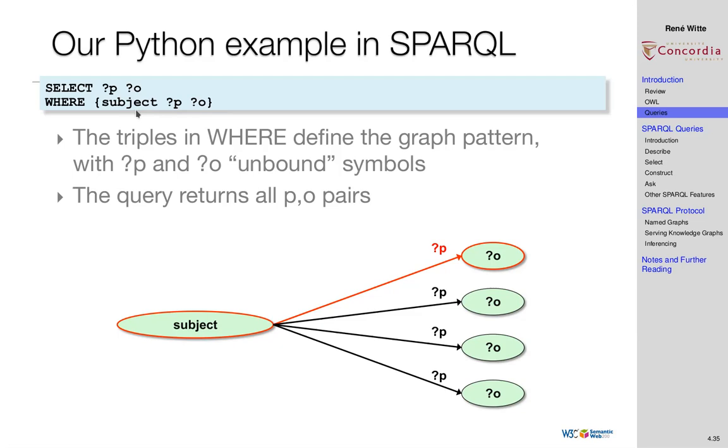And then the result of the query will be all the pairs P and O that match this query in the graph. So select and where, if you ever worked with SQL, if you've taken a database course or worked with web programming, MySQL or something like this, you recognize it looks a bit similar to the SQL query language. But SQL is a query language for relational databases, meaning you query tables. And in SPARQL, we have a query language for querying graphs.